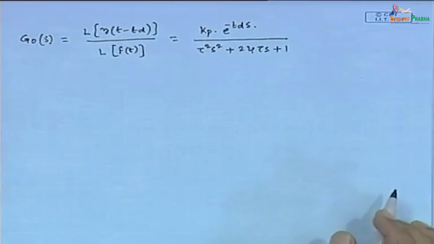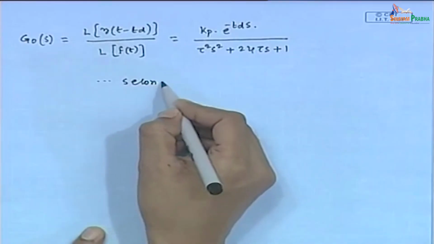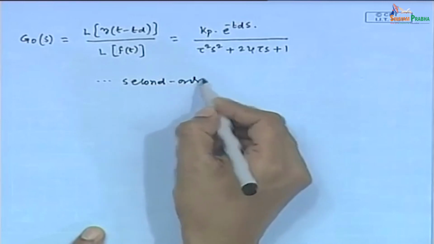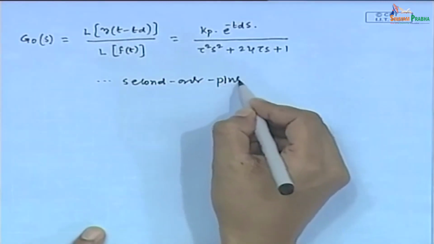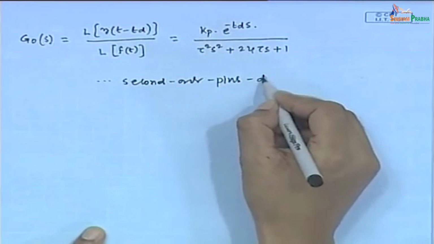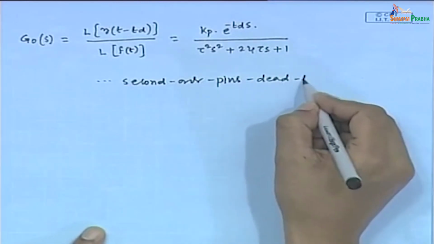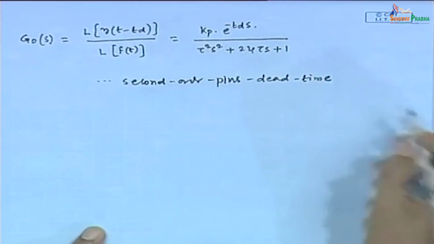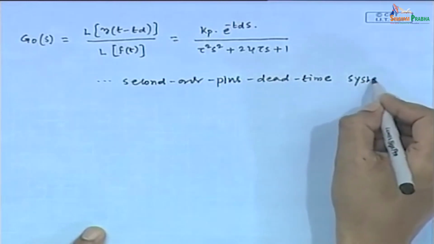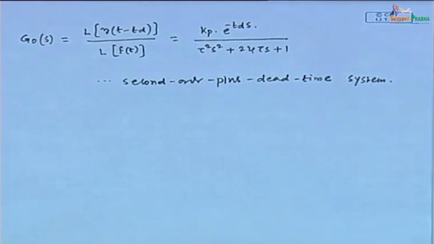This is the second order plus dead time system.